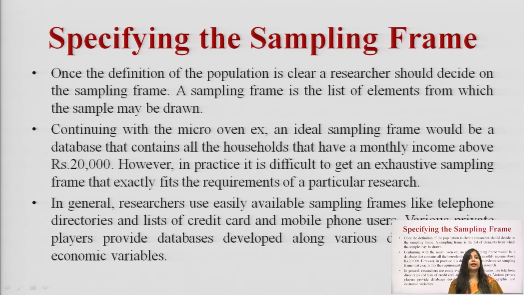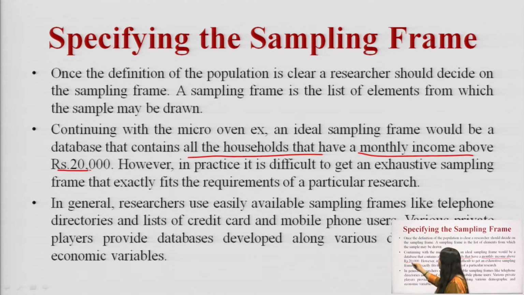And in continuation with the microwave oven example, the ideal sampling frame will be the database that contains all the households who have a monthly income above 20,000 rupees, meaning we should contact those who have the data on people whose household income is more than 20,000 rupees. So we target those organizations or techniques which give you the information on how many people have a household income of more than 20,000 rupees.